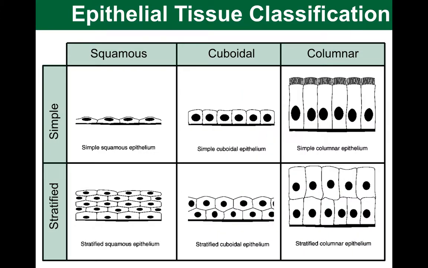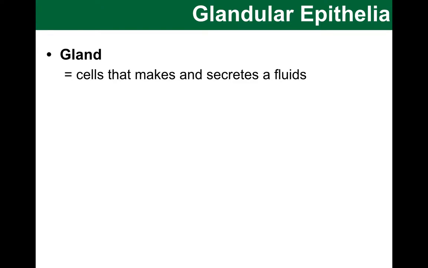You should know a little more about these epithelial cell types, like where they are commonly found and what their physiology involves, but this all has been covered in your earlier courses. Now, I want to quickly mention glandular epithelia as well. Remember, glands were made of one or more cells that produce and secrete fluids known as secretions.